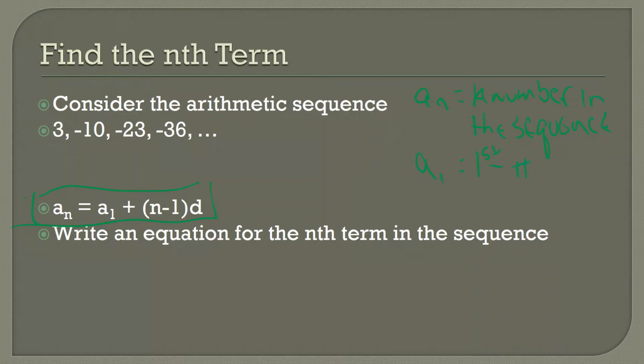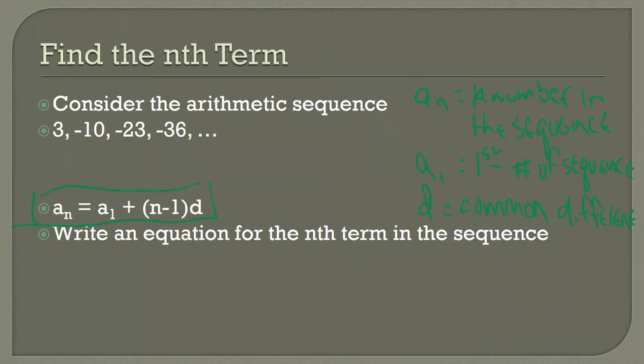I'm going to abbreviate this with a pound sign. And n, of course, is just going to be a number. And our other variable here is d, which is the common difference. And from that formula we can develop a formula that will allow us to determine the nth number of the sequence.